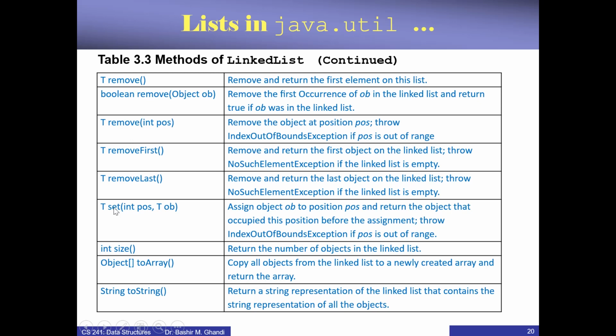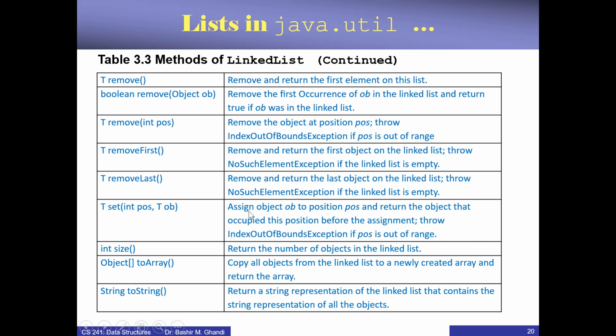And then we have set. Set is like replace. So it's going to take two arguments, the index and the new value. So basically you are saying replace the info in the node corresponding to this position with this new information.